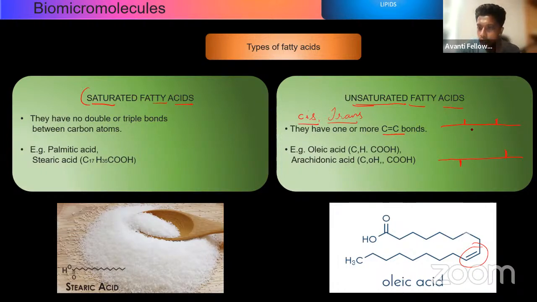This we call cis unsaturated fatty acids, and this we call trans unsaturated fatty acids. What does it mean? If you have the double bonds on the same plane, we call it a cis unsaturated fatty acid. And if you have them on different planes, one below and one above, we call it a trans unsaturated fatty acid.